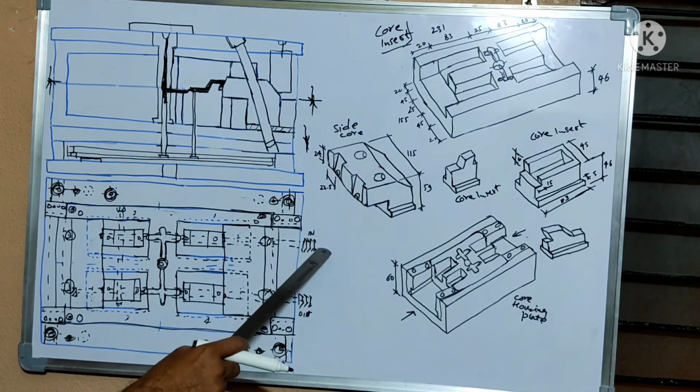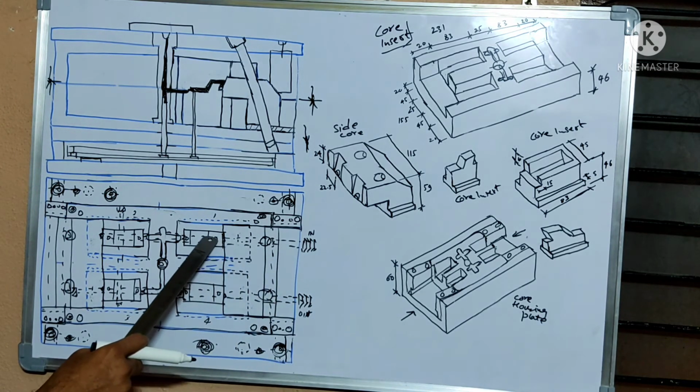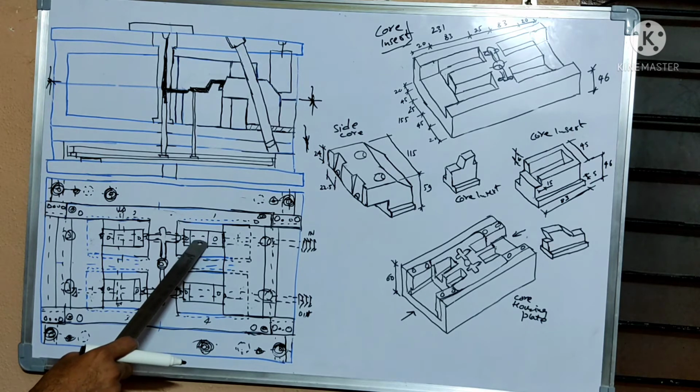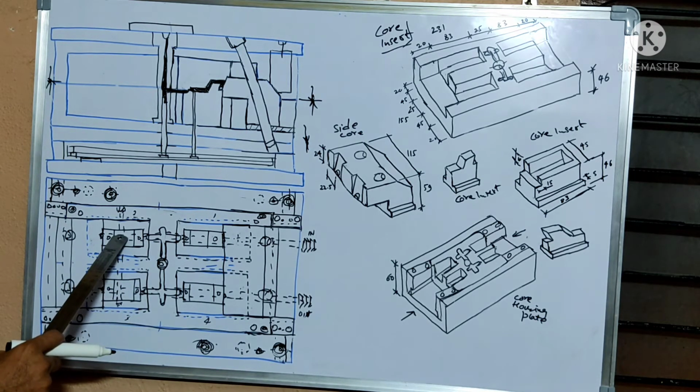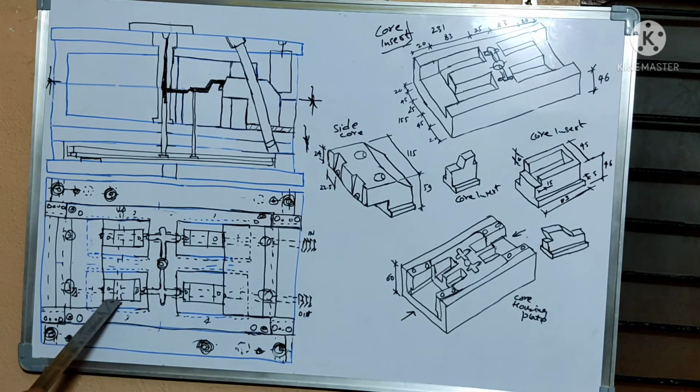The water goes this way, and then it goes across the first component, and then in the bottom of the runner again the water goes in the bottom of the second, and then third, and then fourth.